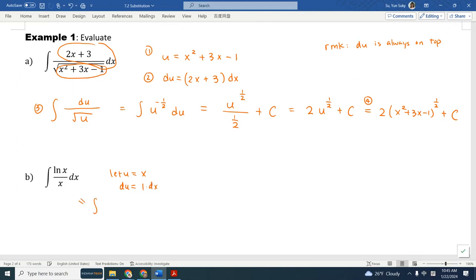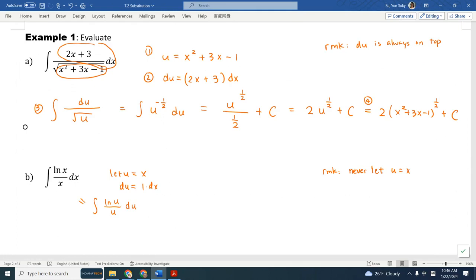And then your integral becomes x is u, dx is du. What happens? It's the same thing. You just call it a different letter, but it's the same integral. So we mark: never let u be x, because you just get the same thing.